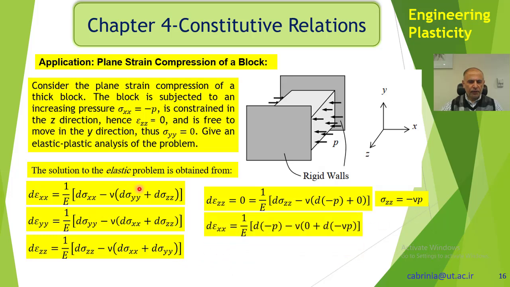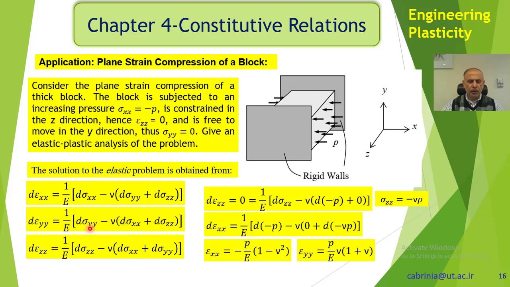Similarly, in the first relationship, we substitute sigma xx equal to minus p, sigma yy equal to 0, and sigma zz which we have just obtained. Putting in all these values, we get the strain increment in the x direction, and integrating we get the strain in the x direction, and also the strain in the y direction.